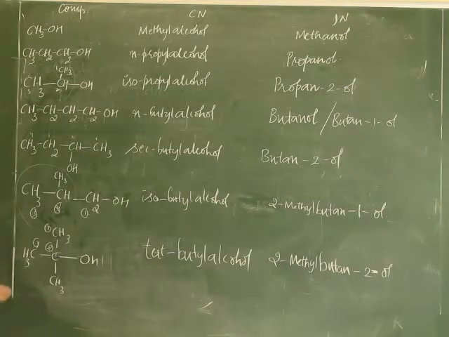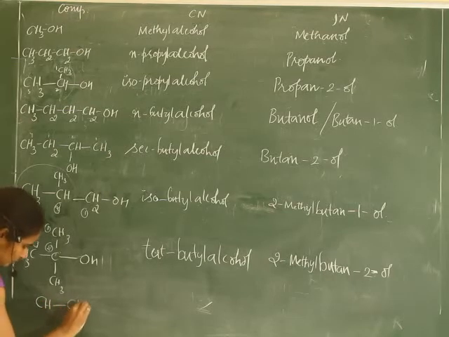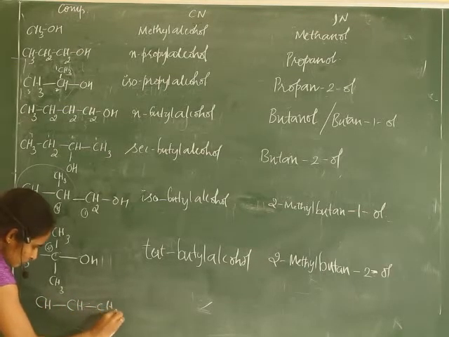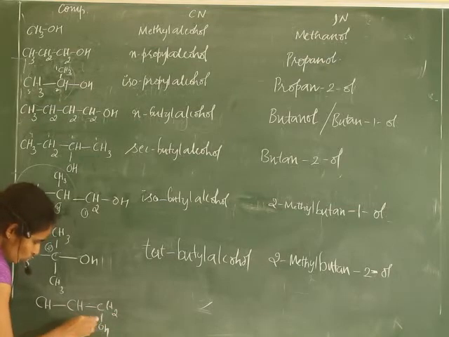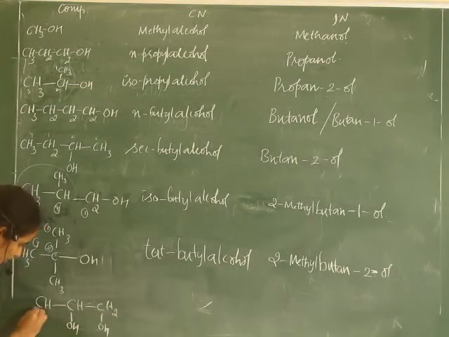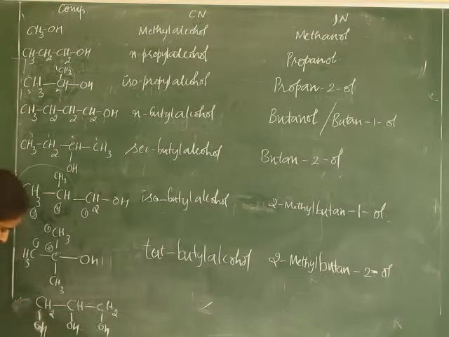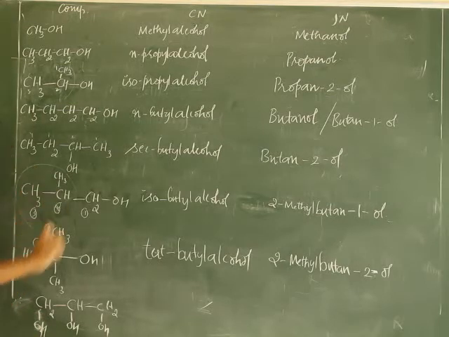Next, the last one, which is there in your textbook, is like this, right? 1, 2, 3, 4 OH, and here it is CH2OH. No need of writing here. You can write here also, one and the same, directly attached to OH group, carbon atom. Now, the name of this compound.